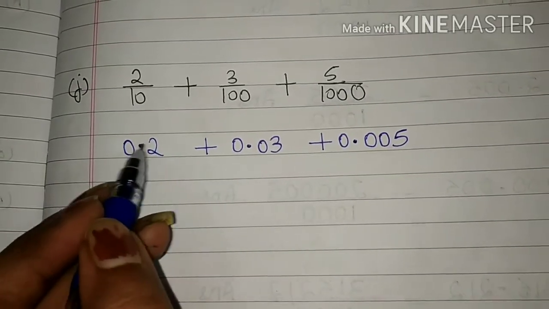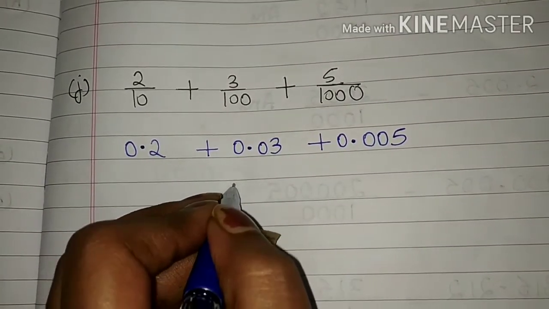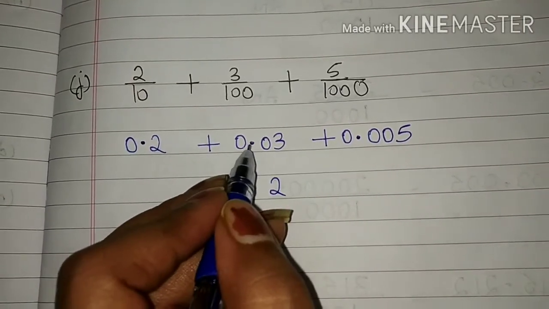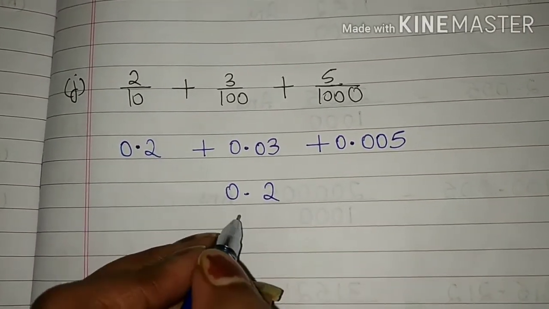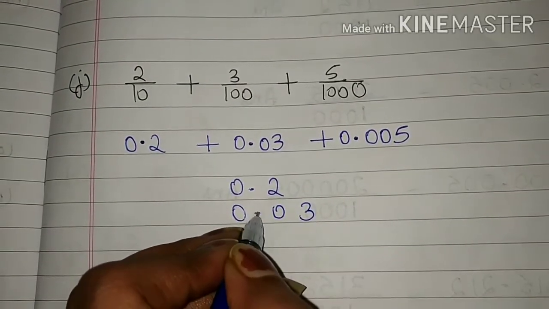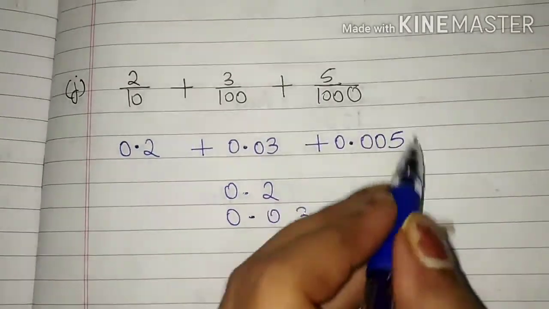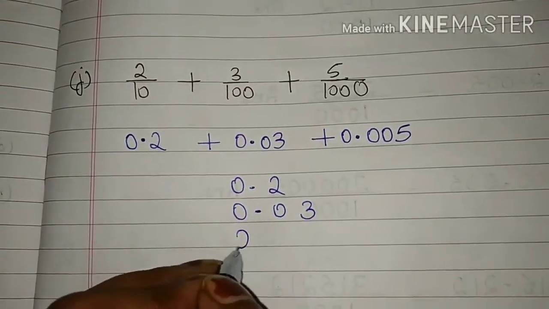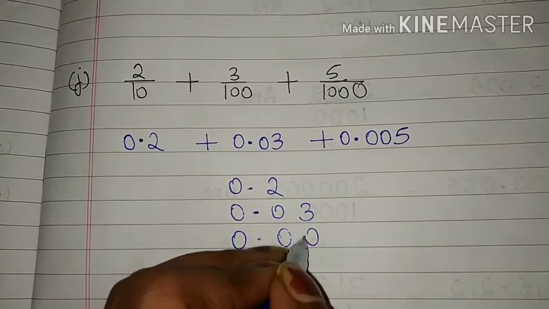Here it is 0.2. So we will write here 0.2. Here it is 0.03. So we will copy down 0.03 here. Here it is 0.005. So we will copy down 0.005.